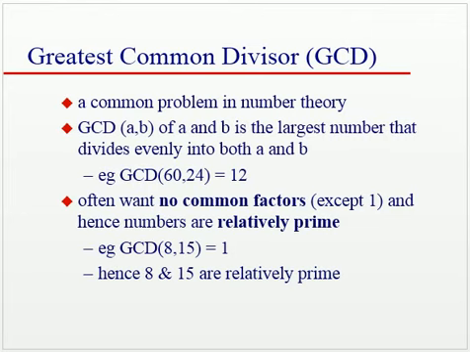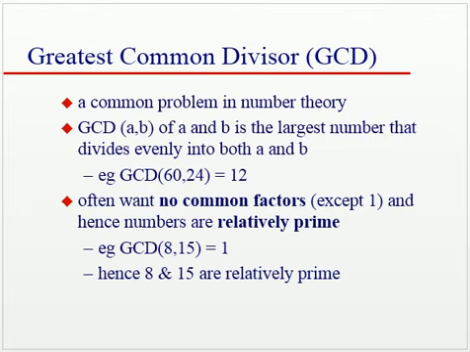To find this GCD, we need to factorize these two numbers and then from that calculate the greatest common divisor of the two numbers. Now if two numbers have no common factors except one, then we call these numbers relatively prime numbers.